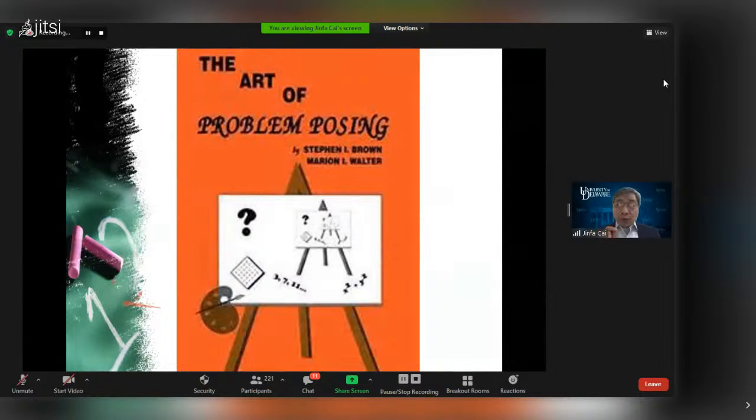One of the well-known ideas in this book is the so-called strategy, what if not? After solving a problem, what if something changed? Then what will happen? This book drew quite a bit of attention from problem solving to problem posing.